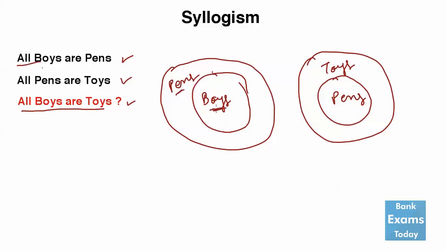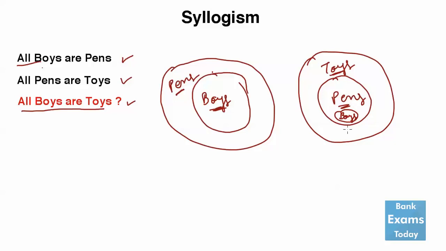All the boys are part of the bigger circle, that is pens, and all the pens are part of the bigger circle, toys. So we can combine this. So boys is here, a smaller circle inside the pens.